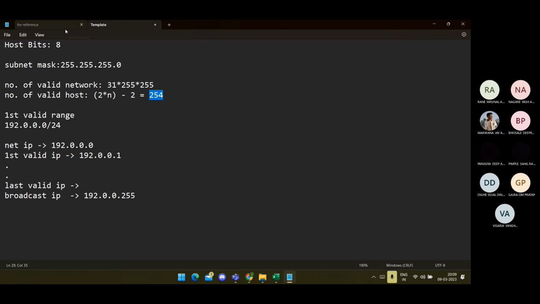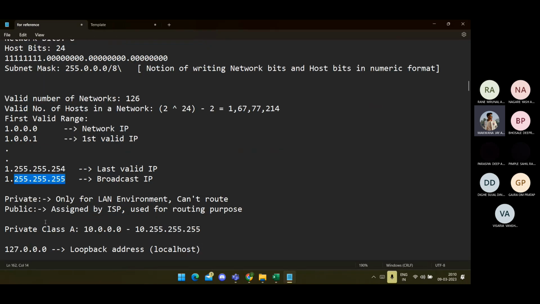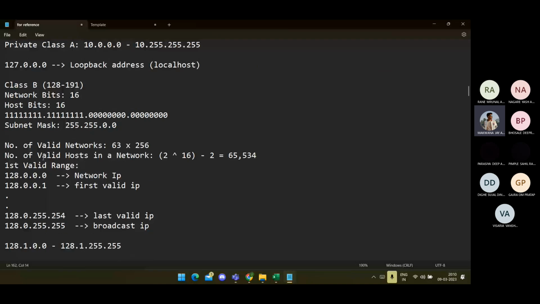So for A, there was 8 network bits and three octets for the host. So we can change 3 octets. You can see here it's starting from 0.0.0 and at last it is ending with 255.255.255. We can change these 3 octets because they belong to host bits. In B class, we can change these 2 octets for the host bits.